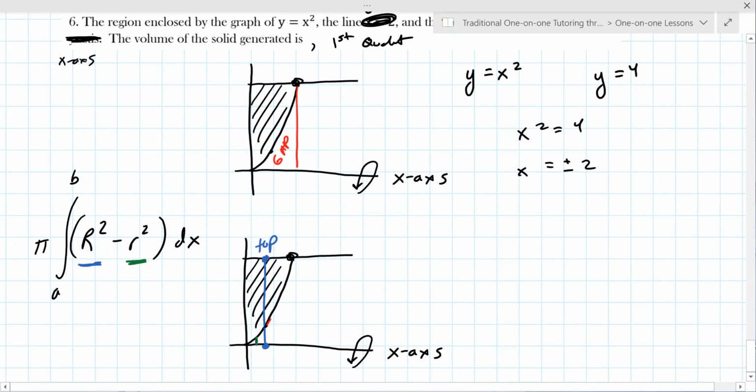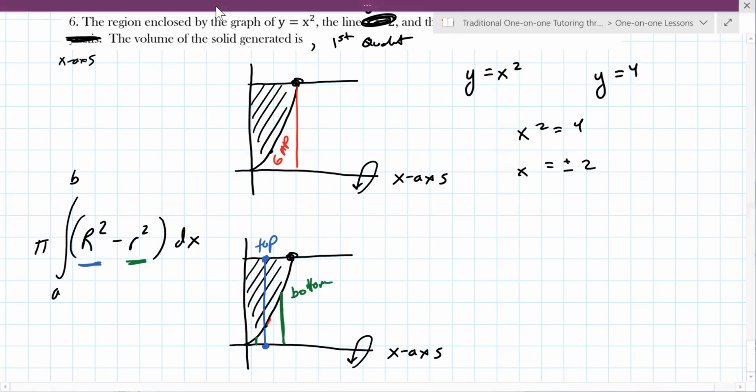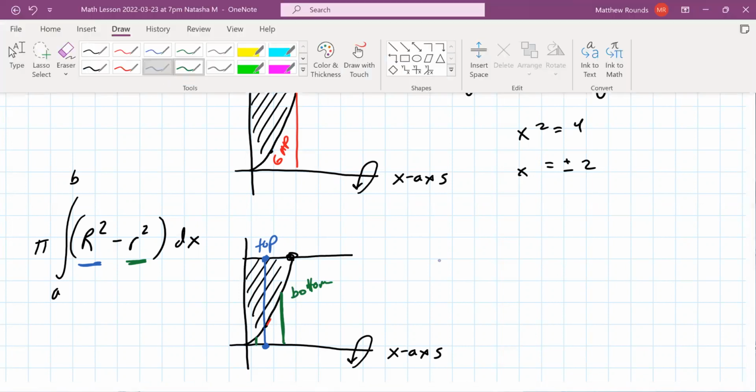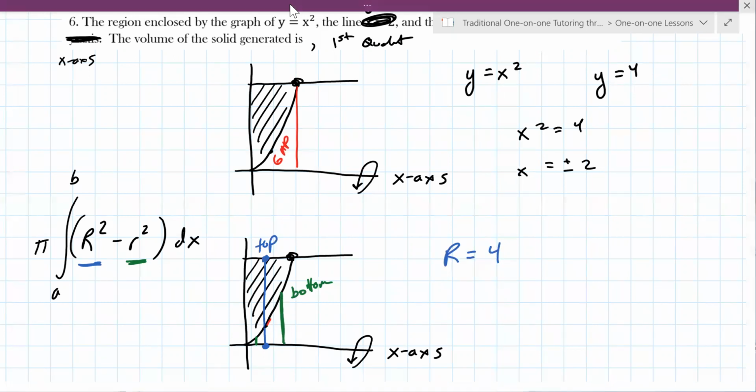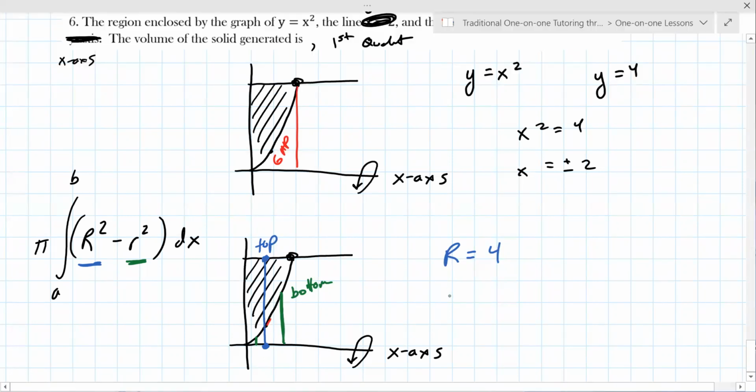Over here it's really small, but on the right it gets really big, but it always corresponds to the bottom. So big R in this case is always 4. Little r though changes. Little r is x squared.